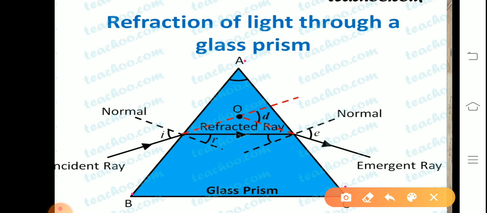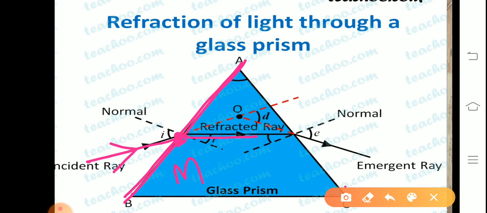Let us assume an incident light ray is incident on the plane AB of the prism at a point, called M. Now after it falls on the plane of the prism, what happens?